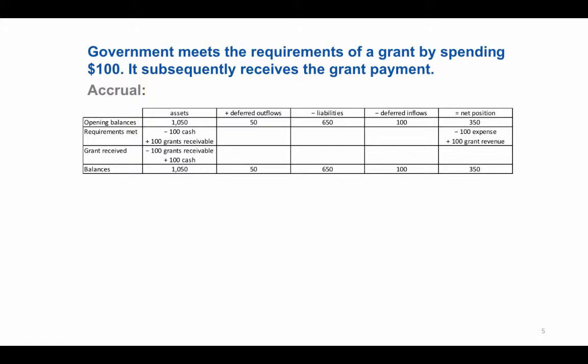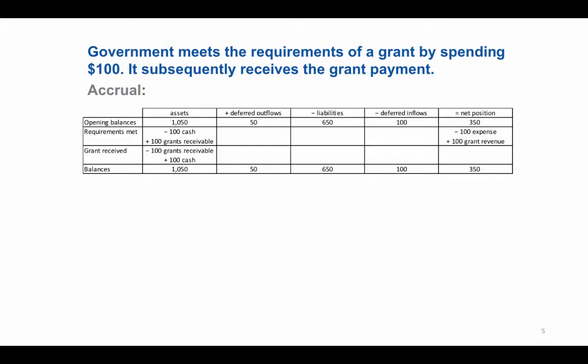So it recognizes an asset, a $100 grants receivable, and it recognizes the revenue at that point as well, a $100 grant revenue. Subsequently, after filing with the provider of the grant, let's say it's the state, and providing whatever documentation it's required to provide to show that it has in fact met the eligibility requirements, the state will then send the payment to the recipient.